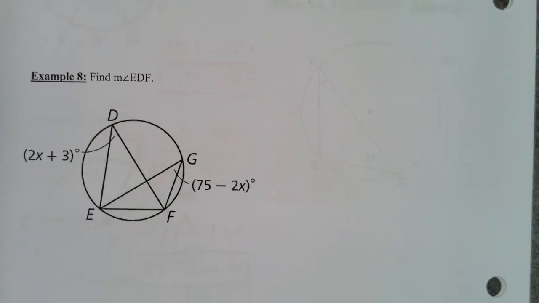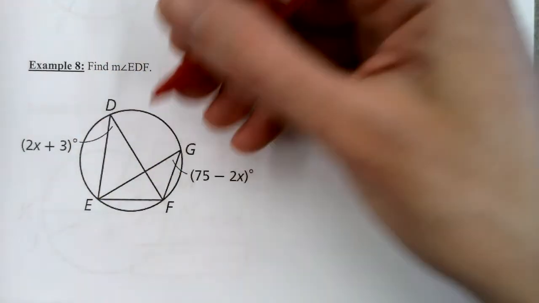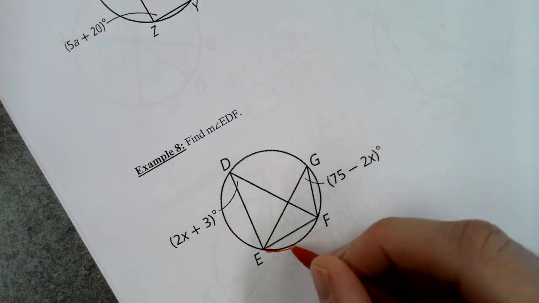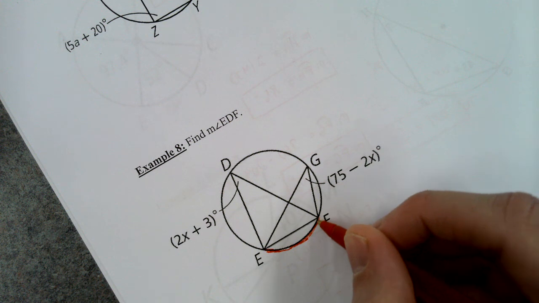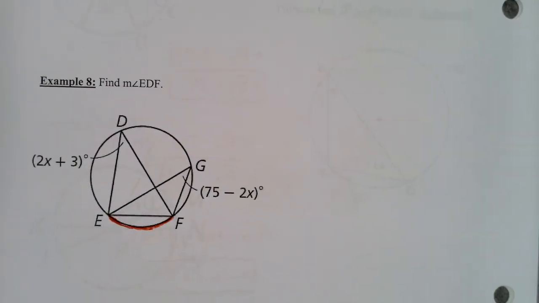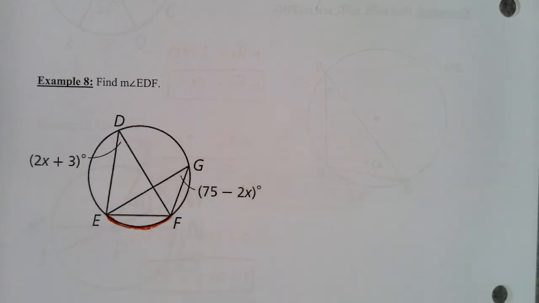Find the measure of angle EDF. Last example. If you look at angle EDF, that angle is inscribed in this arc that I'm coloring in red. Angle EGF is also inscribed in the same arc.